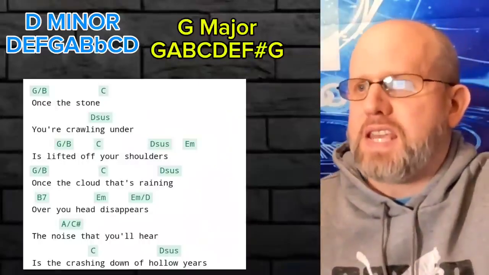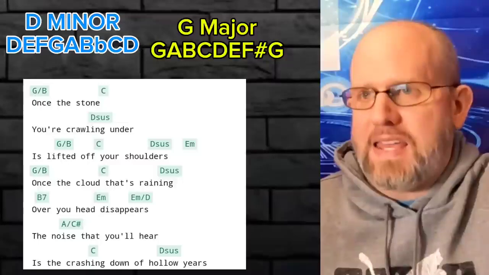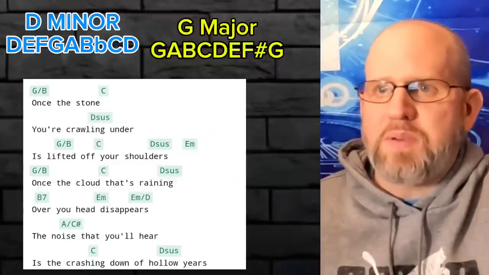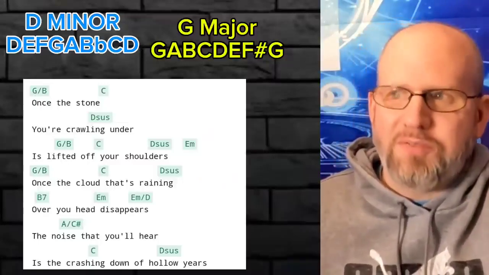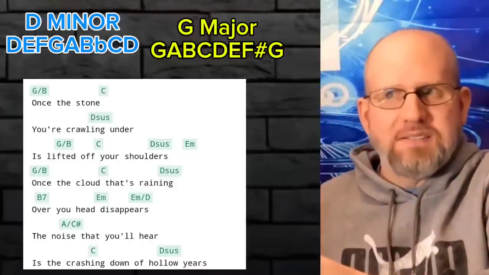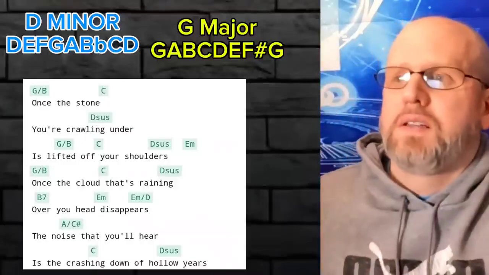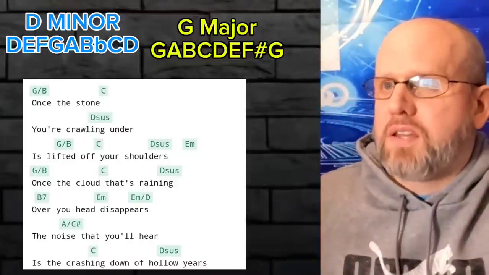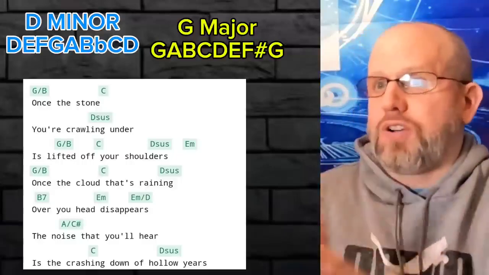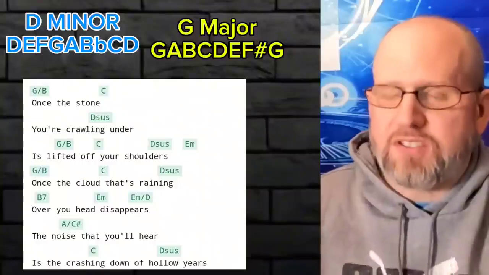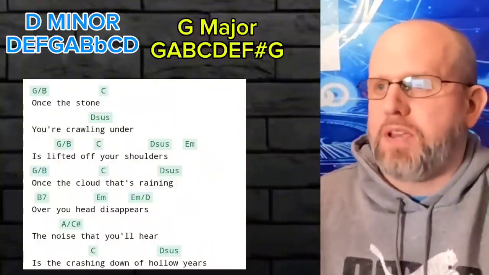And then after the E minor chord, we get an A, which would kind of be like the 5 of D or D minor. What's really cool about this is the A chord does a C sharp in the bass because it is a major chord, so it has that C sharp as the major third.